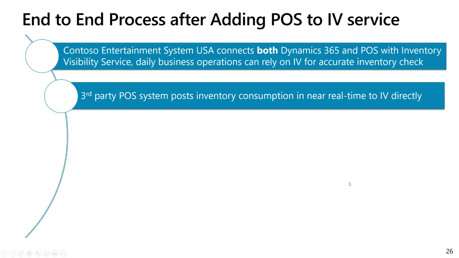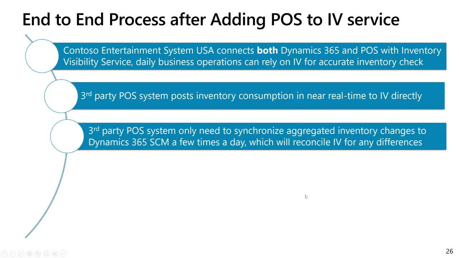The third-party POS system will post the inventory consumption to inventory visibility directly instead of syncing everything back to the backend ERP system. The third-party POS system will only need to synchronize the aggregate inventory changes to Dynamics 365 Supply Chain Management a few times a day, which will reconcile inventory visibility for any difference that could possibly occur.